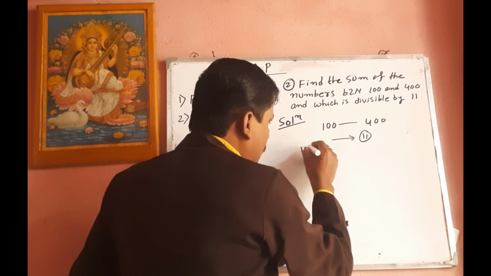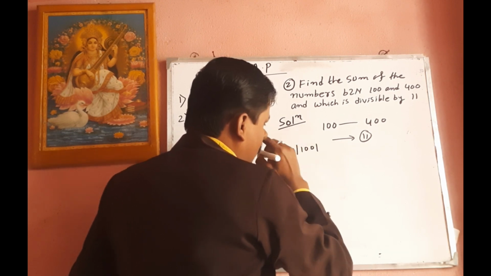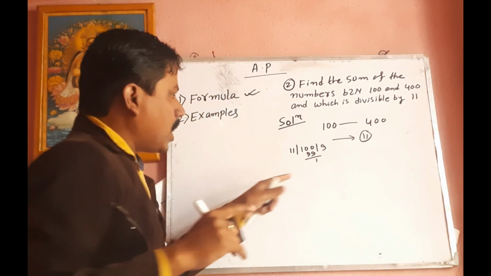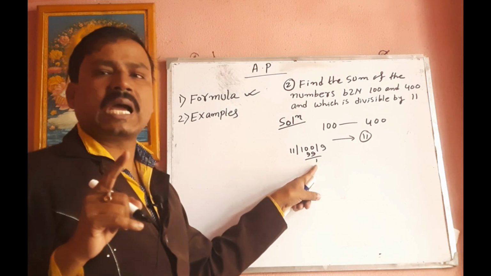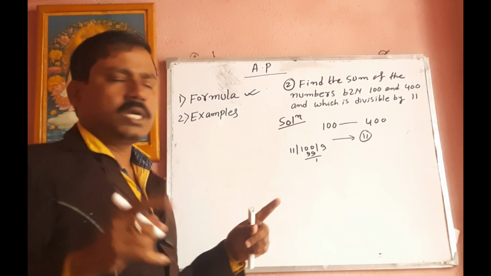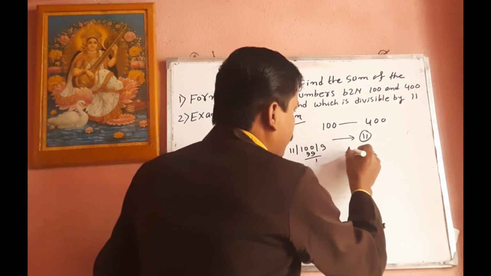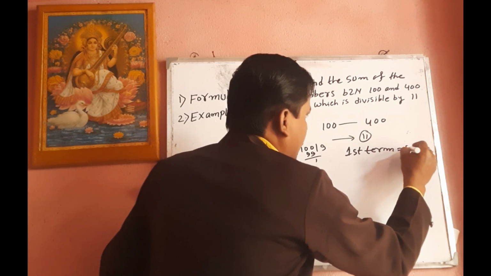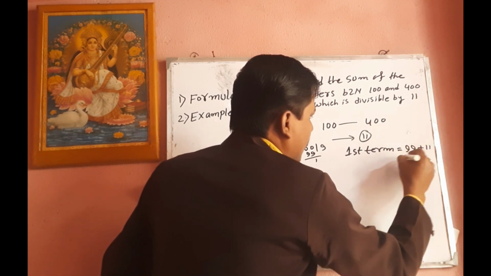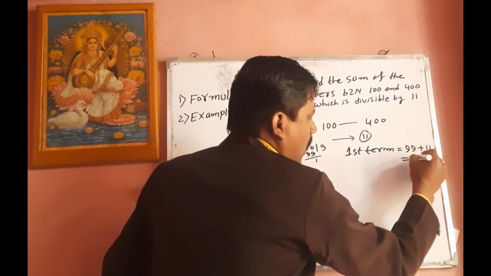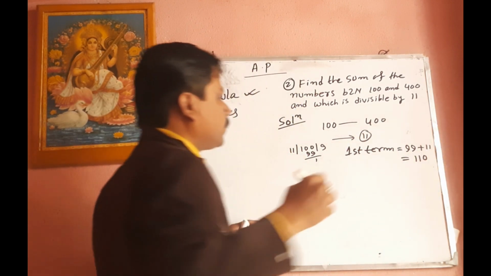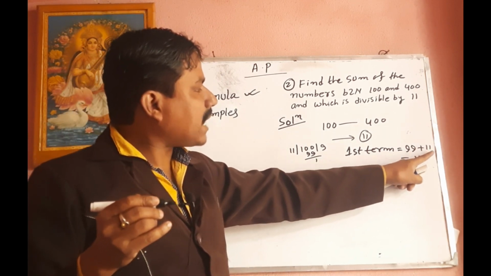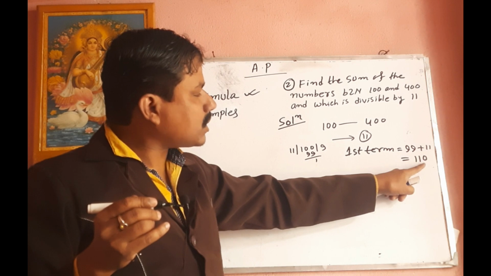If we find the first number, dividing 100 by 11 gives quotient 9, that is 99. 99 is less than 100, so the first term will be 99 plus 11, that is 110. So the first term is equal to 110, because 99 plus 11 is equal to 110.